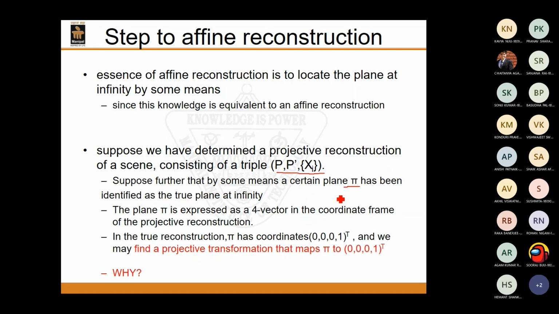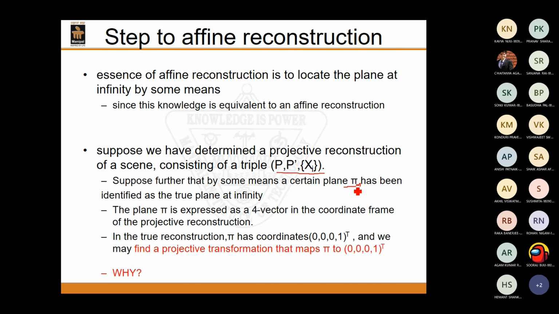Now, as I said earlier, we need to use some extra information in order to find this pi infinity, right? And one method that we can use is the scene constraints, which we'll see later how exactly we can identify. But let's say that using some extra information, we have already found out pi infinity. So this is basically pi infinity, which we have computed and which we have found, right?